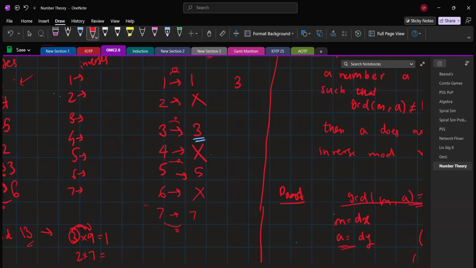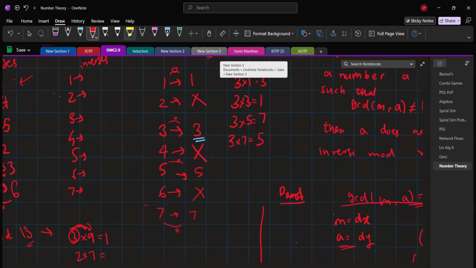So 3 times 1 gives us 3. 3 times 3 gives us 1. 3 times 5 gives us 7. 3 times 7, that gives us, sorry, it does not give us 4. It gives us 5. Yes.